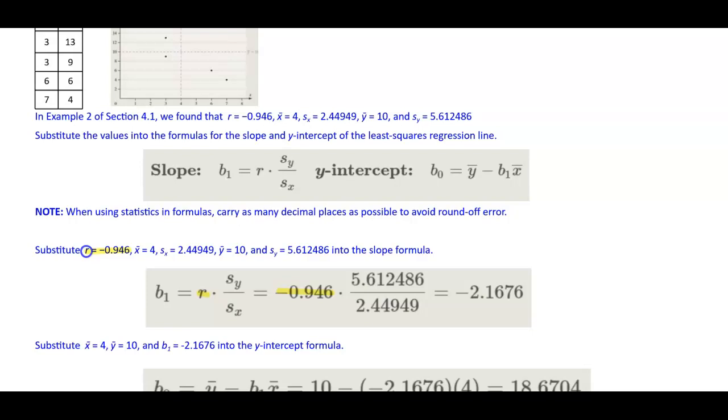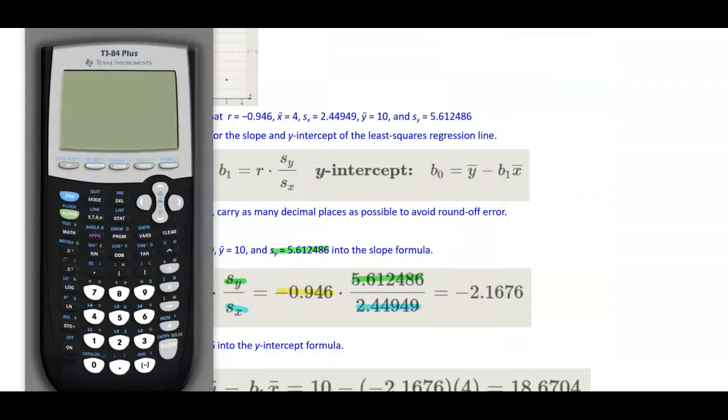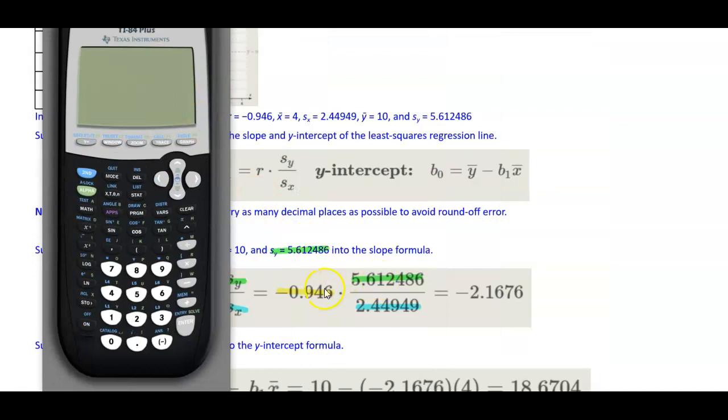Okay, and then what else do we know? The standard deviation for the y values is in the numerator, so times 5.612486, and then we're dividing it by the standard deviation of the x values, which is 2.44949. The best way to plug this in is to multiply those two together, and then divide by the denominator.